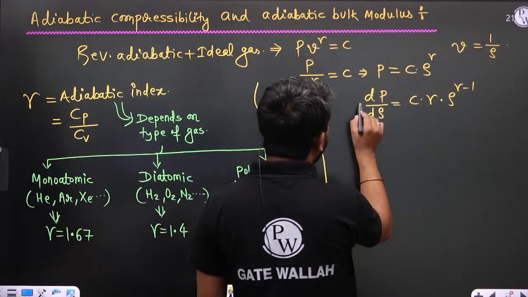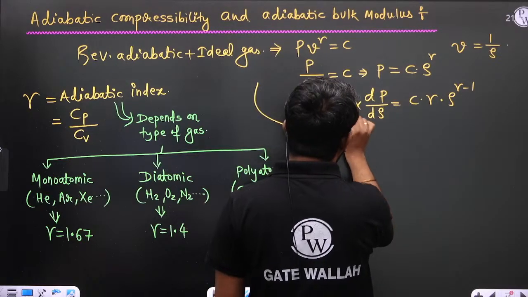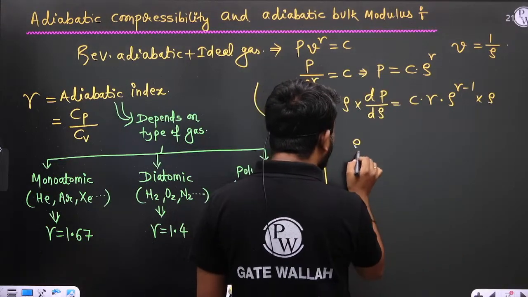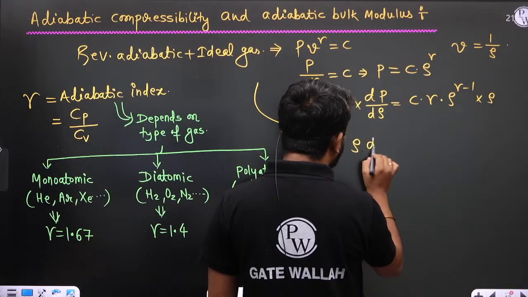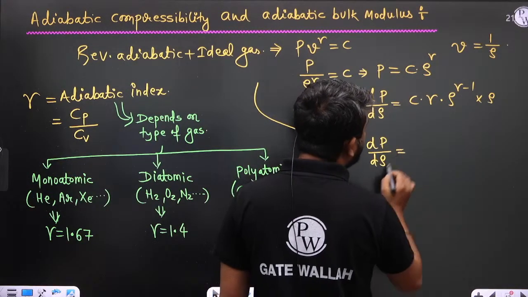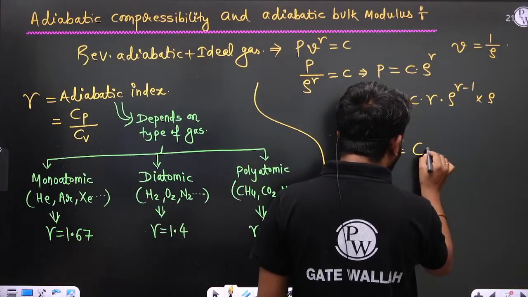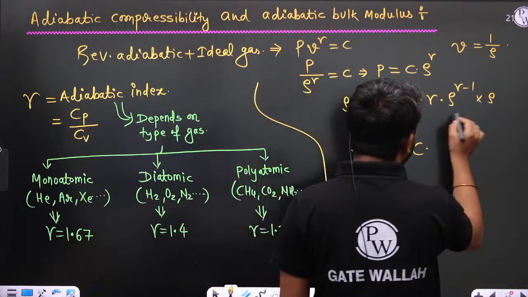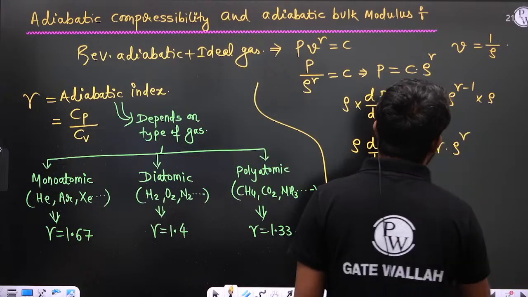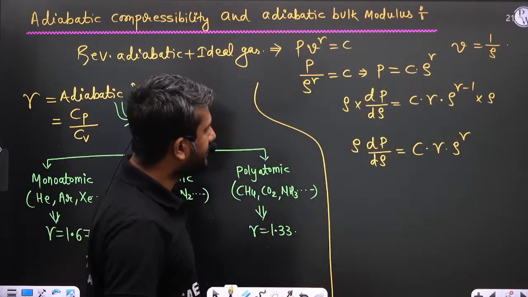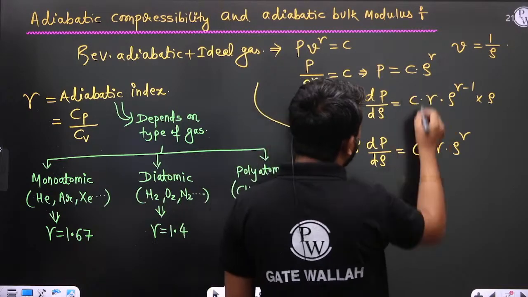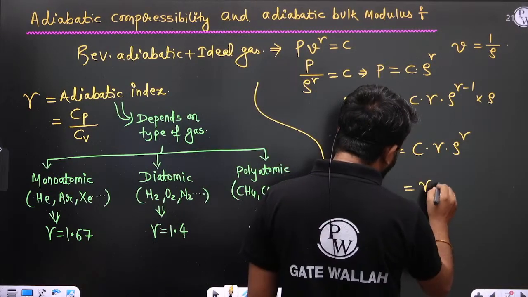Now multiply it by density on both sides. Then rho dP by d rho is equal to C multiplied by gamma into rho to the power gamma. And C into rho to the power gamma is nothing but P. So this is gamma into P.